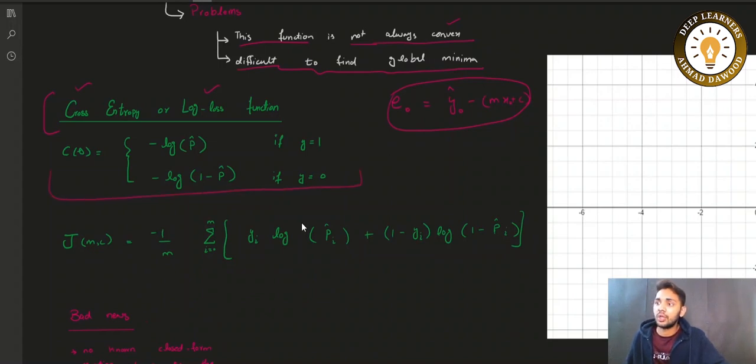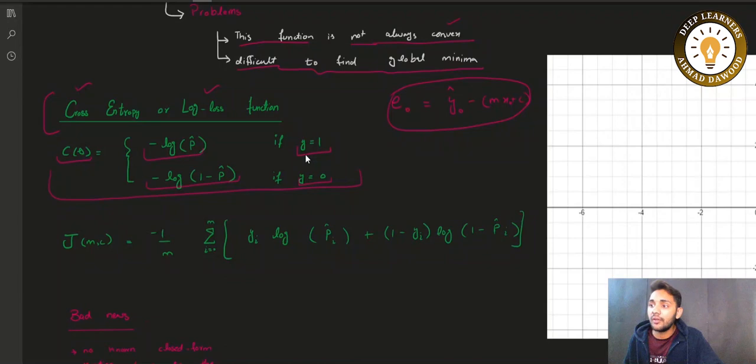Let me first explain what it actually is. This is the cost for just a single instance. If your true value y is 1, then the cost function will be this. If your true value y is 0, then your cost function will be this.